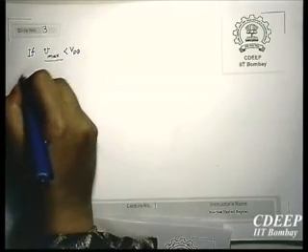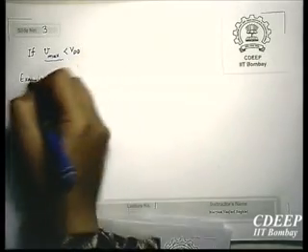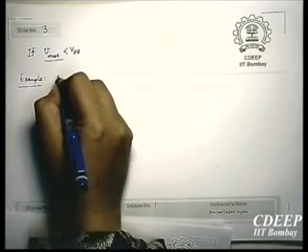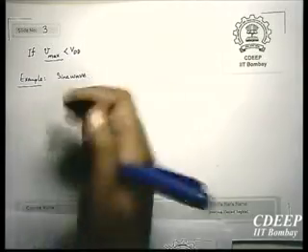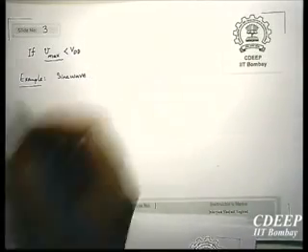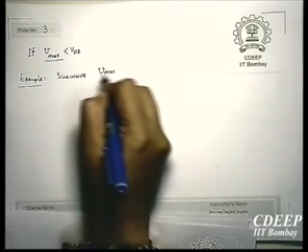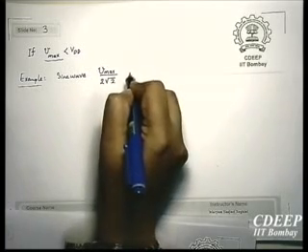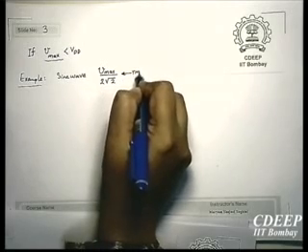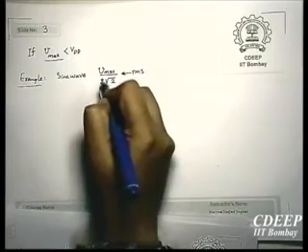For example, if I have a sine wave at a particular operating frequency which is in the band, its RMS value is given by Vmax upon square root 2.